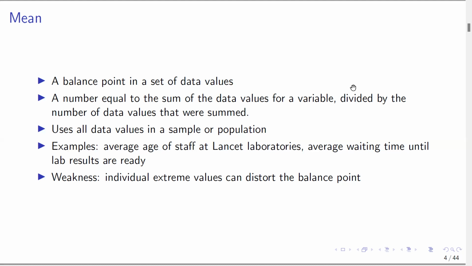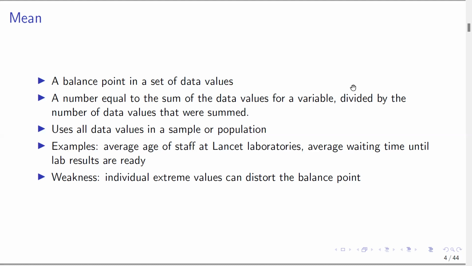So if you are doing a particular research and you consider a particular population and you select a sample out of it, to find the mean of that sample or the population, if you are working with the entire population, you will need to sum all, you cannot leave anyone out. You need to sum all the data values within that sample or population, and then you find their mean. So for example, we can have the average age of staff at a particular laboratory, or the average waiting time until lab results are ready.